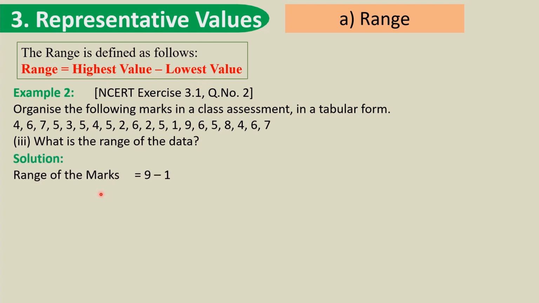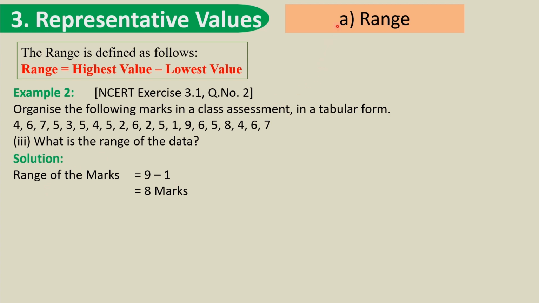So range of the marks is equal to 9 minus 1. Why? Because 9 is the highest value, which we already explained in the previous question, minus the lowest value, 1, which we also already got. So 9 minus 1 is equal to 8. So 8 marks, that is the range of the data.